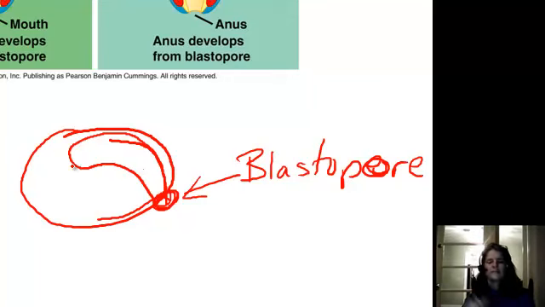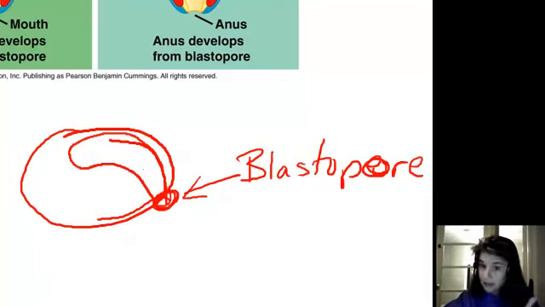Mouth to anus with the tube in between. Well, here we see one opening, and if you are a protostome, this opening is going to become your mouth. If you are a deuterostome and follow this kind of development, that blastopore is going to become your anus.